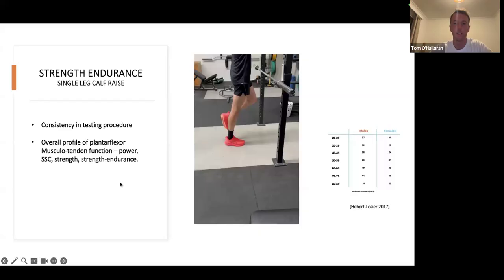That's the calf capacity. If we've collected that, we've got a pretty good overall profile of plantar flexor muscle tendon function. We understand power, reactive strength, strength of soleus, and then strength endurance of the calf complex. So we have a pretty good profile of calf function.